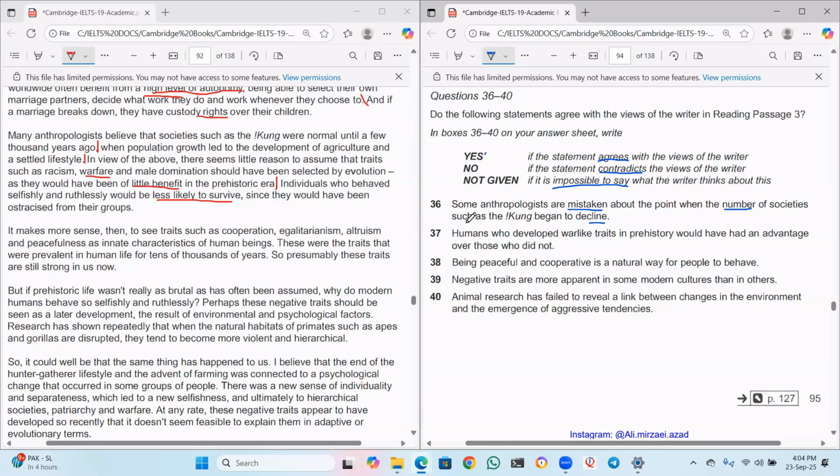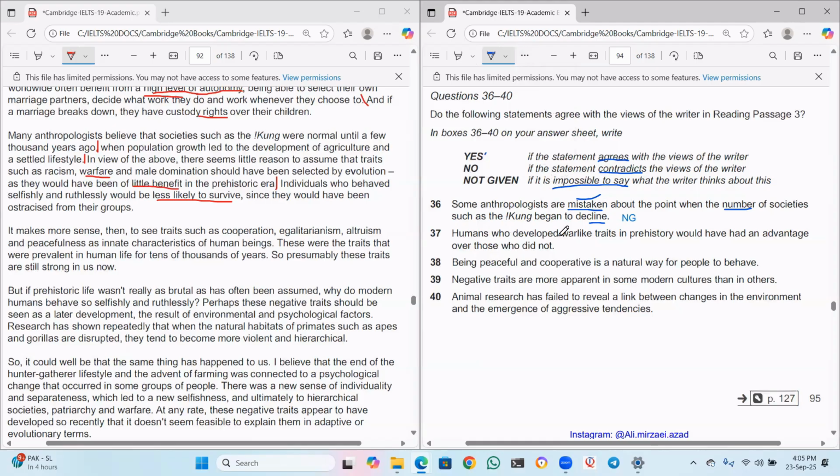No. So it is impossible to say what the writer thinks about this, because he says some anthropologists are mistaken. We don't know whether they are mistaken about the number of societies like Kung, since in the passage he did not talk about any other societies. So what should be the answer, guys? We cannot say that. So it is not given, right? Okay, next one. Let us move to the next question.